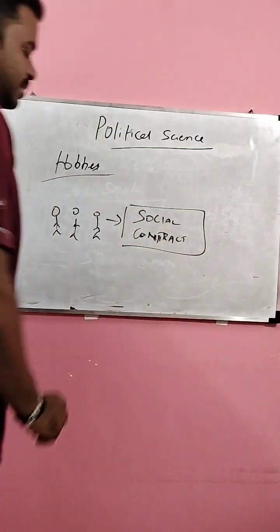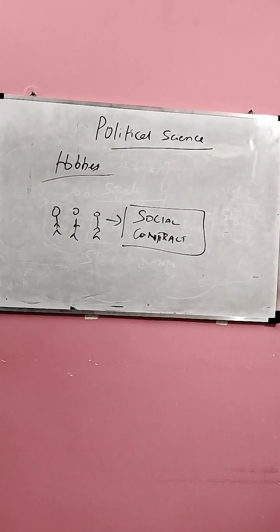Contract is nothing but an agreement among the people. Keep in mind, this is not an official or objective contract. It is only a hypothetical contract. Hobbes is assuming that the people in the state of nature will naturally, gradually, inevitably go for such an agreement between themselves, which is called the social contract.